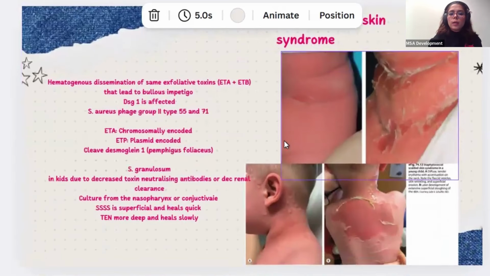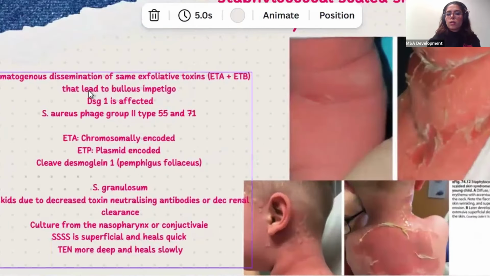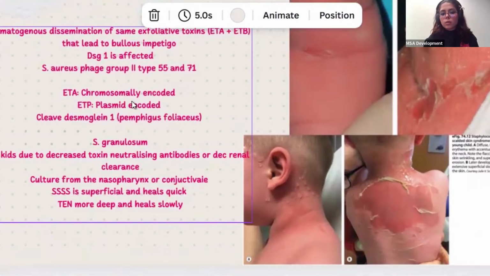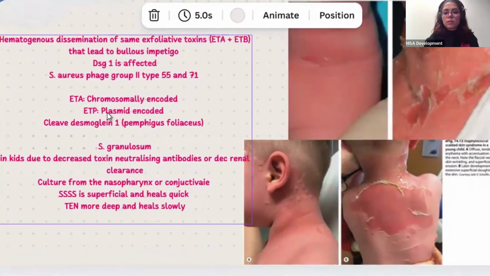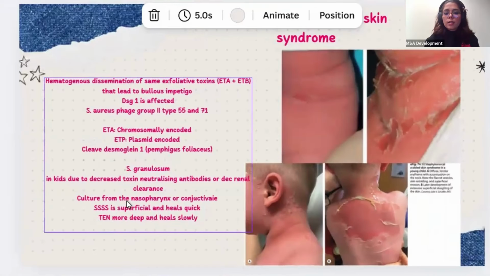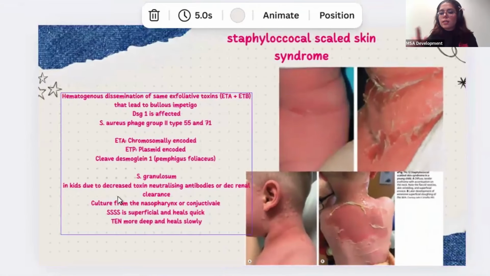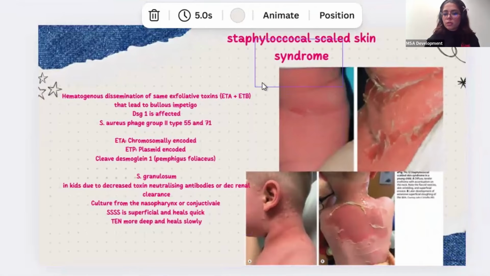Staphylococcal scalded skin syndrome, okay, hematogenous dissemination of the exfoliative toxins. I mentioned them before. Okay, DSG1 is affected. Staph aureus: ETA is chromosomally encoded. ETB is plasmid encoded. Okay. SSSS is superficial and it heals quickly.